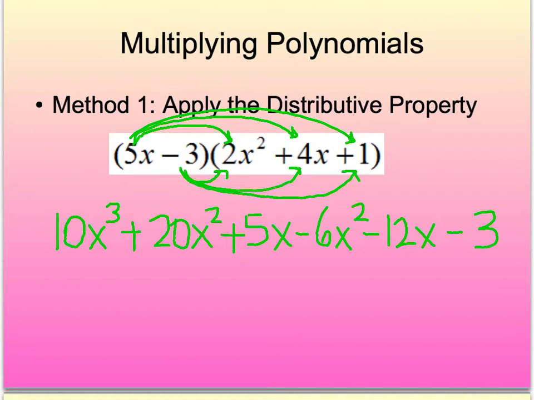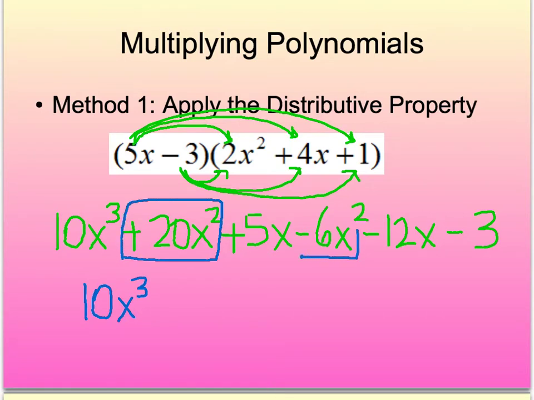Now once we've taken care of that distribution, which is the multiplication part, we combine like terms. The first term I'm looking at here is the 10x to the third, and I notice that no other term is like it, so I'm just going to take that one and write it down. Next I go to my squared terms. I have a positive 20x squared and a negative 6x squared.